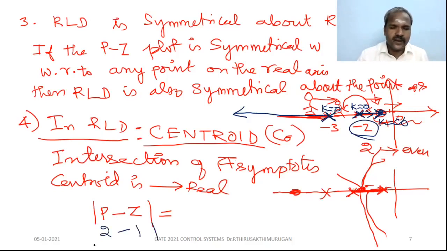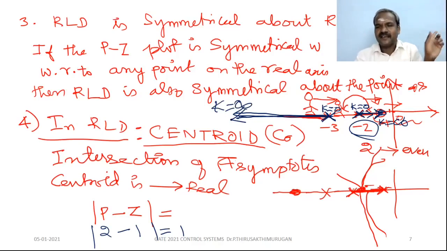So 2 minus 1 is 1, so there is 1 asymptote. This line is the asymptote. The second branch terminates at k equal to infinity somewhere, so it travels along the real axis. Can you tell me what is the angle of this asymptote?